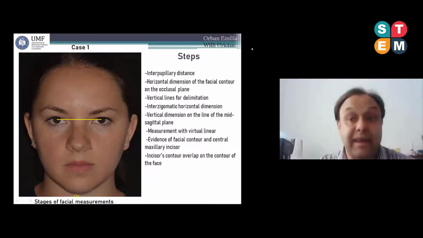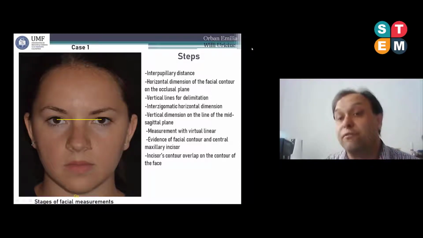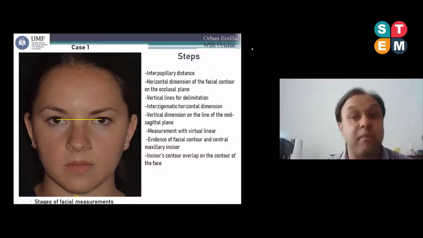But we can construct individually all the shape and the volume for the patient in front of his expectation, extracting the shape of the face, measuring the face, and making some keynotes from the facial repair to reconstruct the anterior teeth.